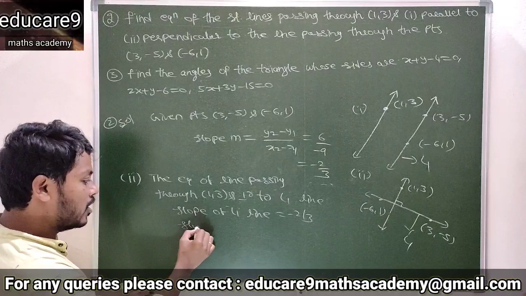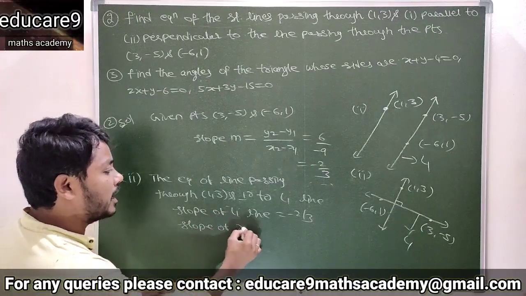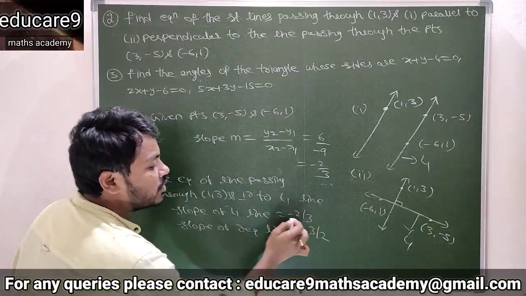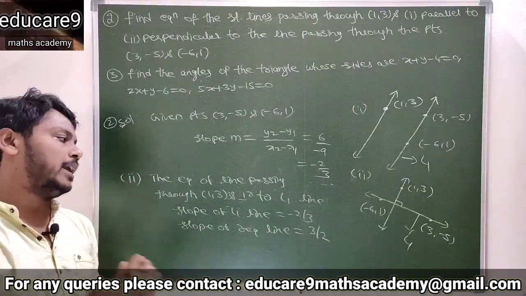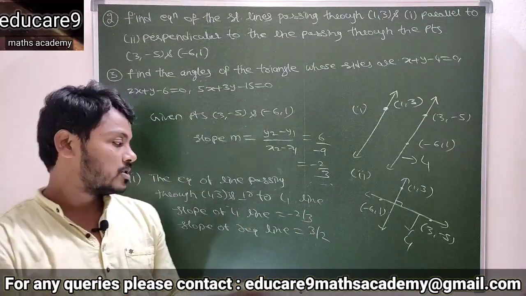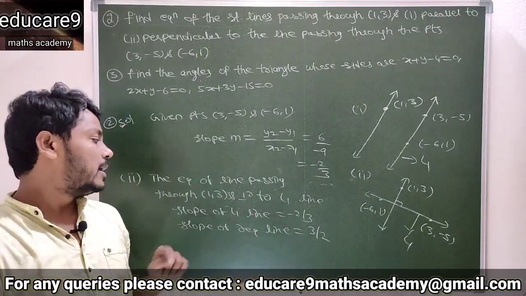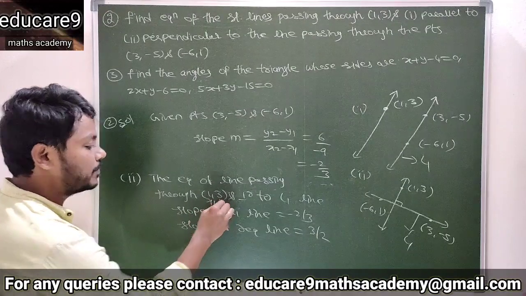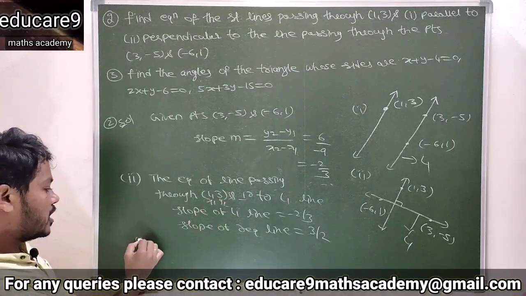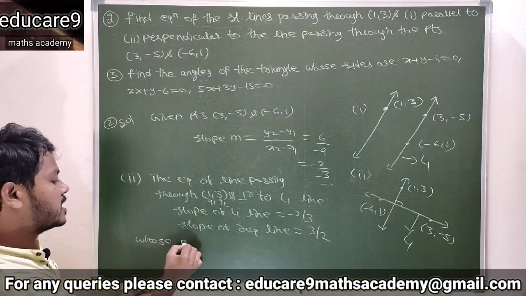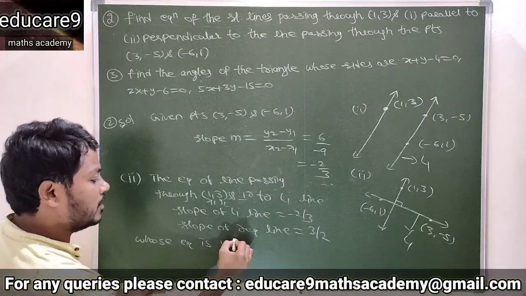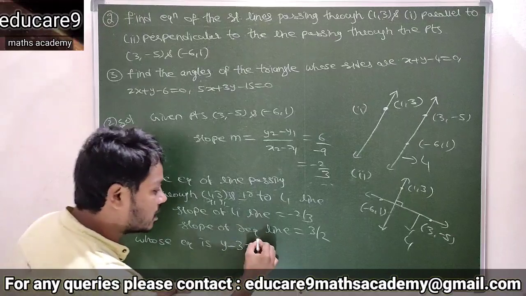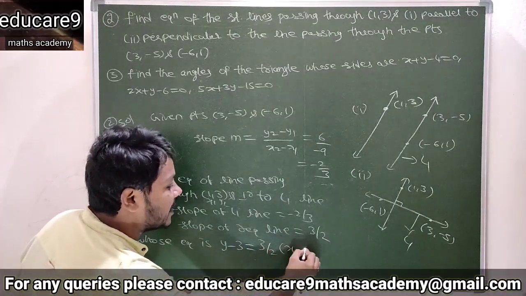So therefore the slope of the required line is 3 by 2 only, no? So write the reverse. If plus is there, write minus, and if minus is there, write plus. So this is the slope of the required line, and it passes through the point x1, y1. Therefore its equation is y minus y1, that is y minus 3, m is 3 by 2, into x minus 1.